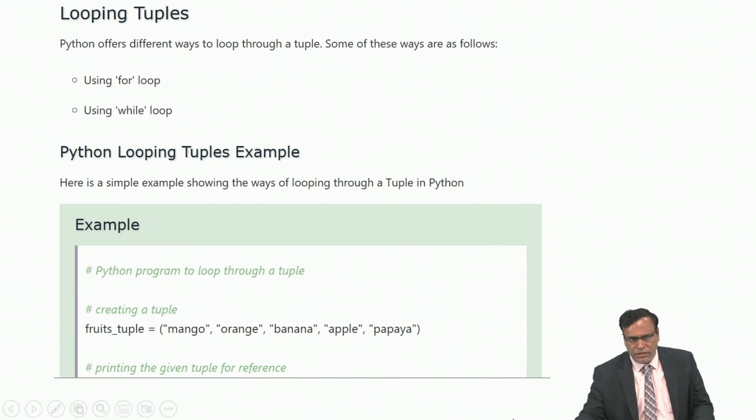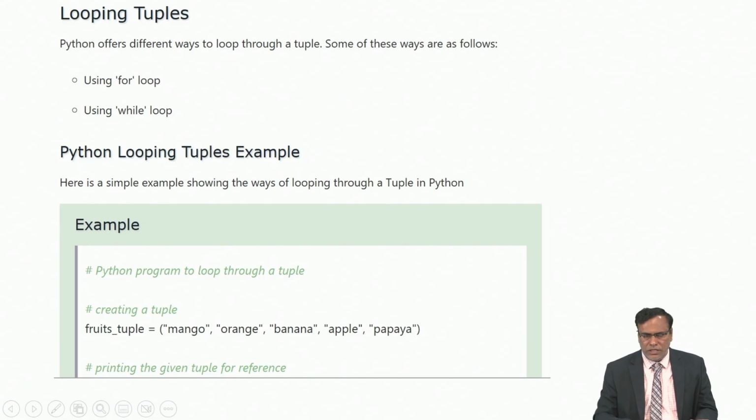So this tuple also follows some order. Of course in a tuple you cannot modify the data, but if you just want to access the elements of this tuple, you can access them. So even if you want to iterate over the elements of this tuple, you can iterate over.